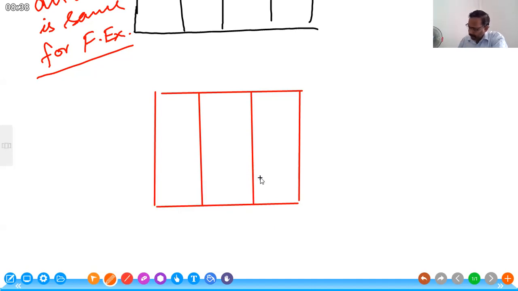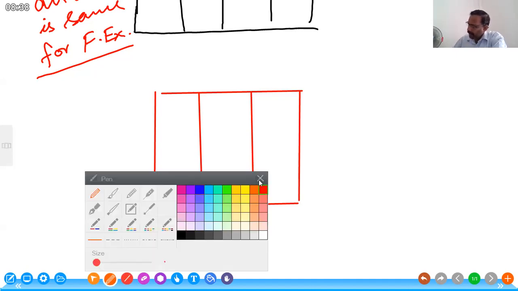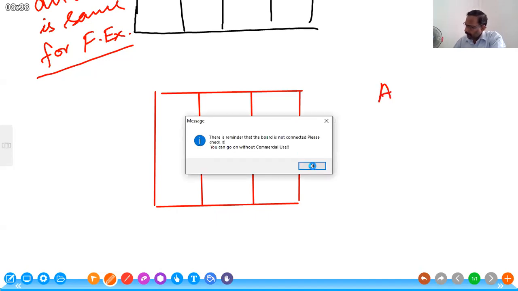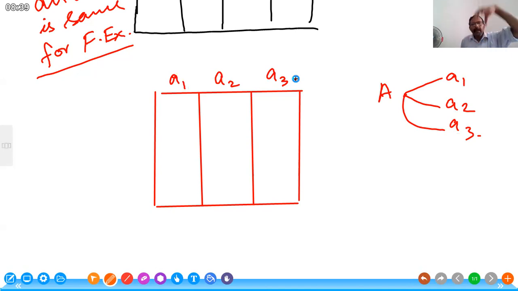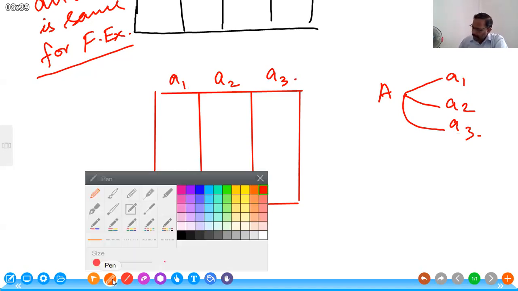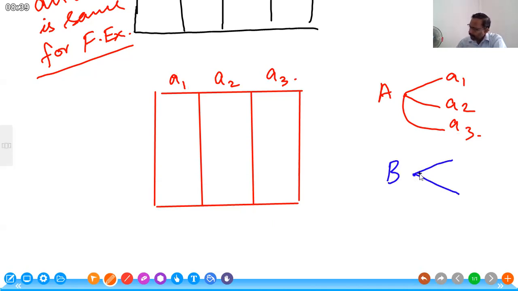Now, here, let's say I have factor A. Let's say A1, A2, A3. So the whole plot belongs to A1. Right. Let's say we have factor B. I will give an example later on.